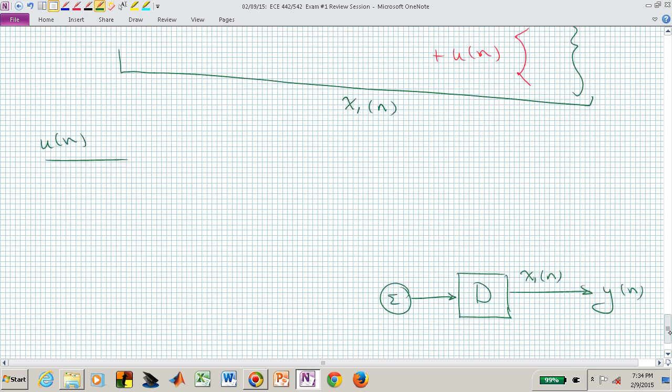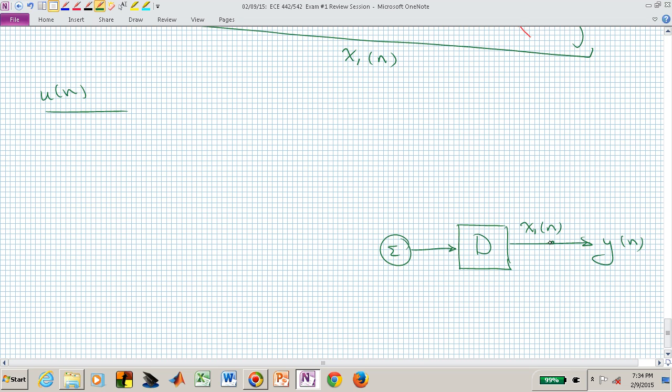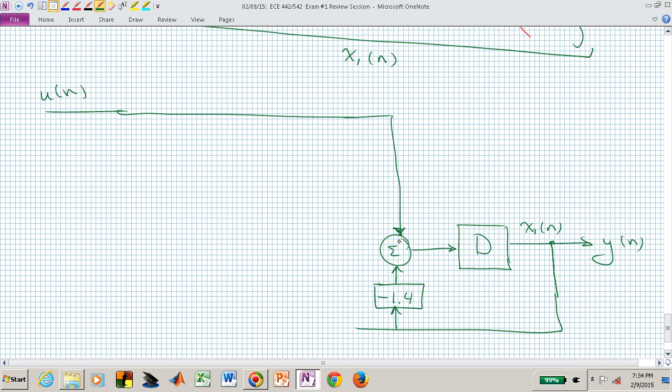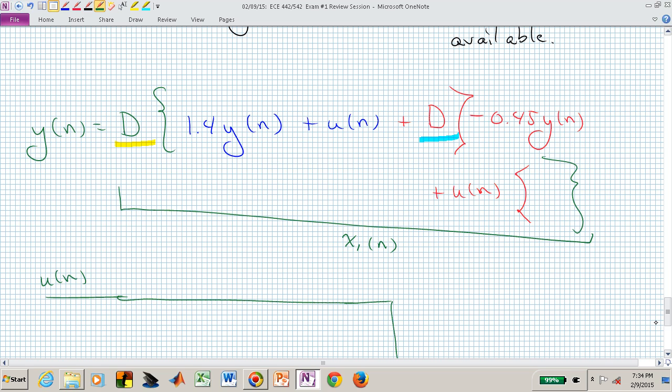I'm claiming that I have y of n available, so let me pull this off. And it's now 1.4 with a minus. And u of n is going into this delay block plus what's coming out of that red stuff.